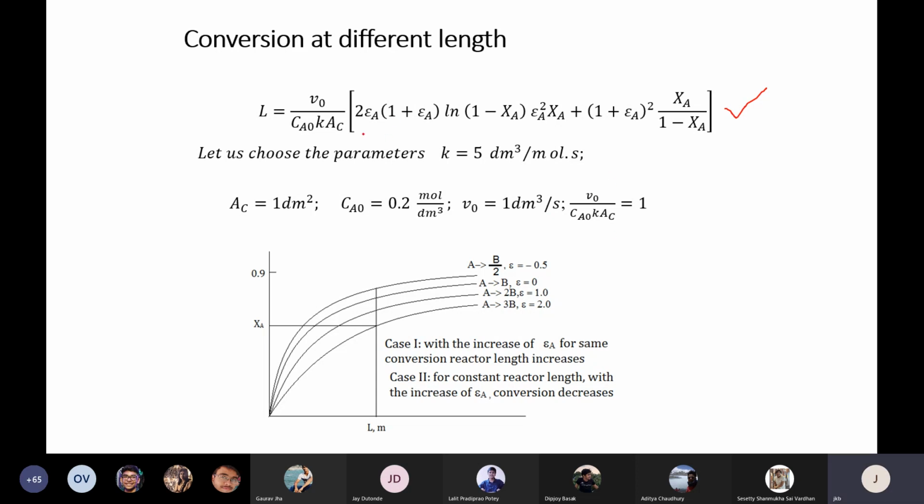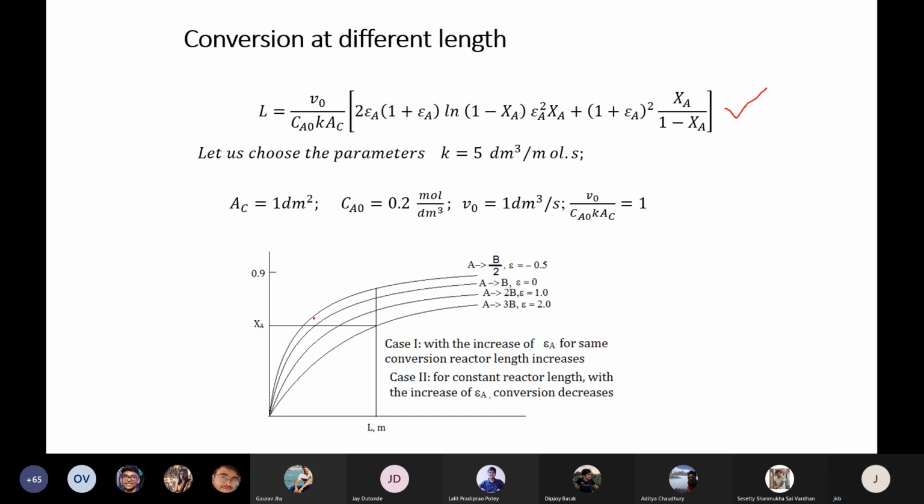And so this group, this parameter V0 by CA0 K AC is becoming 1. And within the bracket it is dimensionless. What is the unit of this? V0 by CA0 K AC has the unit of length.